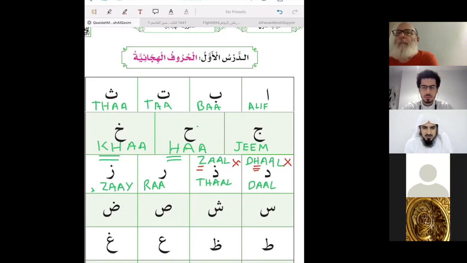Alif, Ba, Ta, Tha, Jim, Ha, Kha, Daal, Thaal, Ra, Zaay. Okay, so with your Dhal, it needs to be a little bit stronger. So not Dal, Dhal. Clear. MashaAllah. That's what we want.